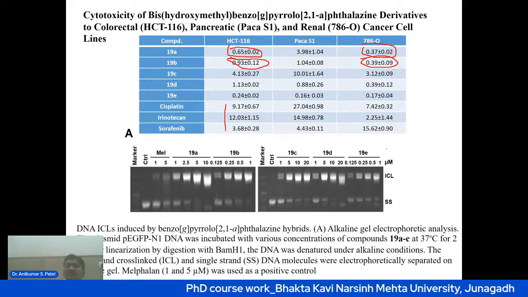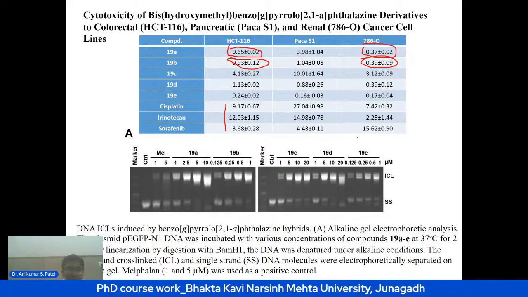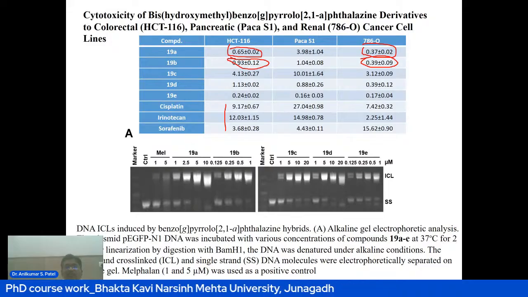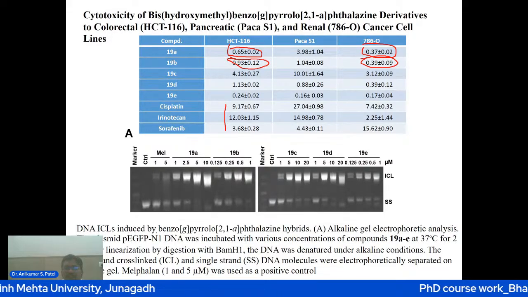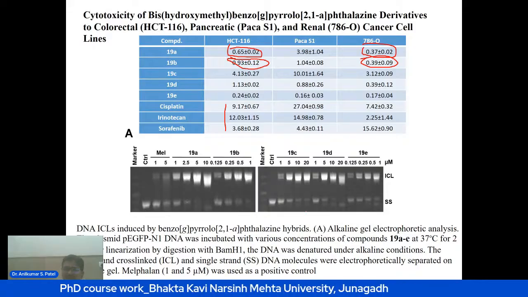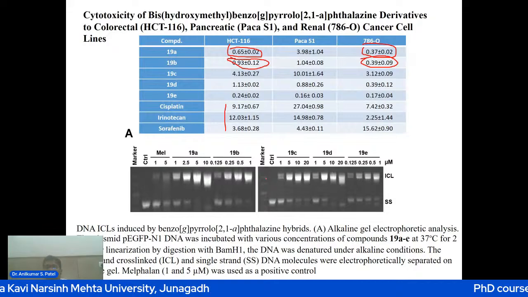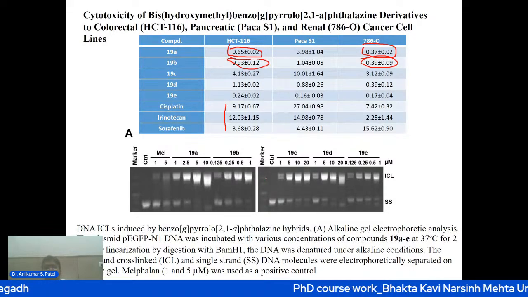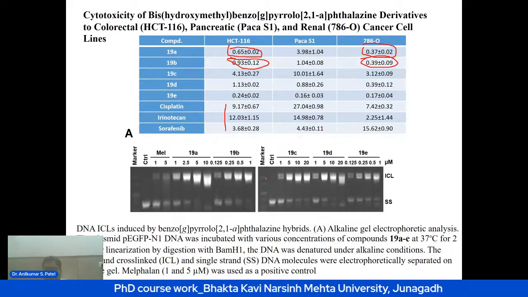So we checked their mechanism, similar to the earlier work, to see how they can intercalate with the DNA. For the benzopyrrolophthalazine hybrids, we performed alkaline gel electrophoretic analysis. We took the 19A to E compounds at 37 degrees for 2 hours at various concentrations with plasmid DNA.